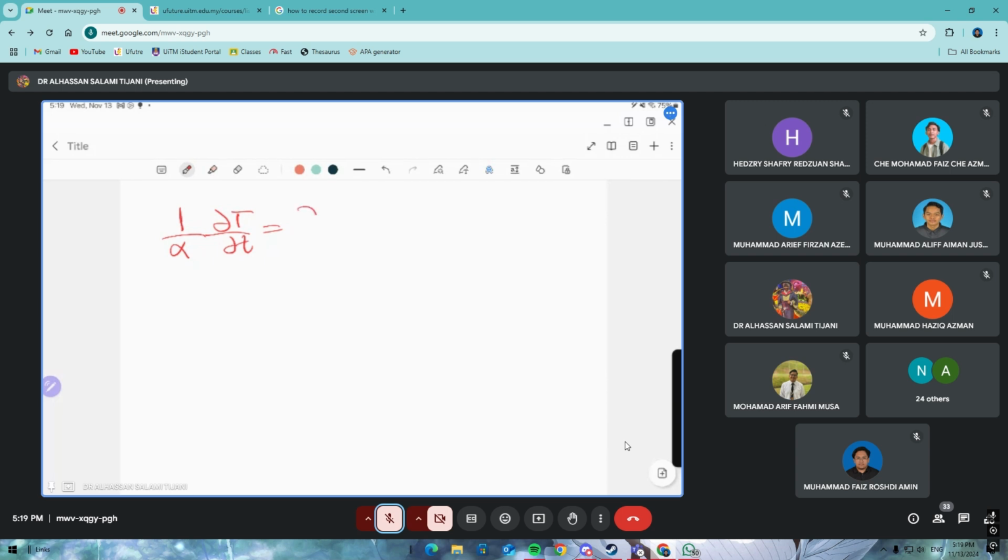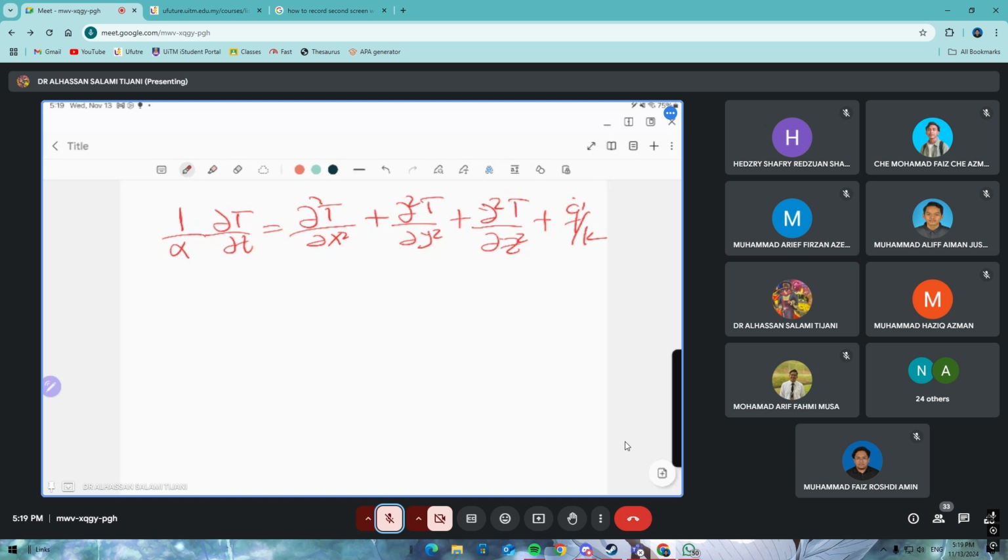We have the square T over the x squared plus the square T over the y squared plus the square T over the z squared plus q, that's the heat generation divided by k.